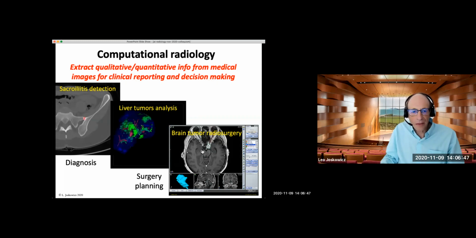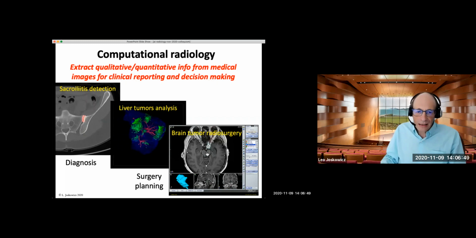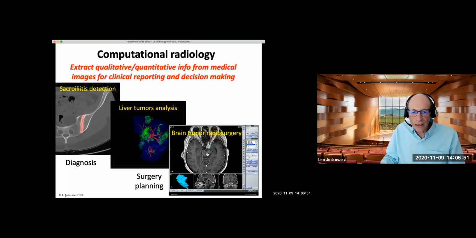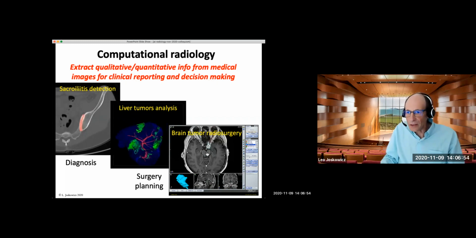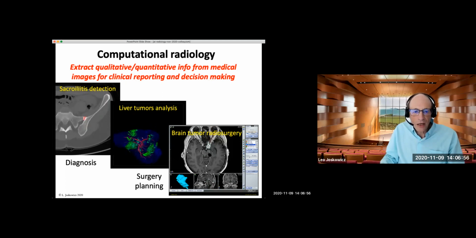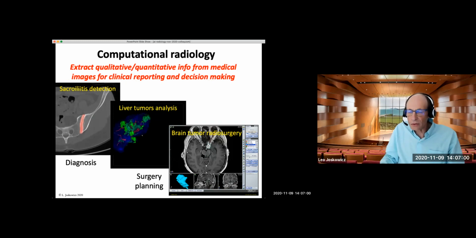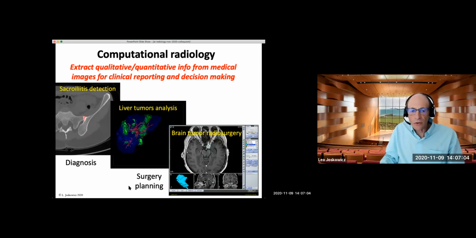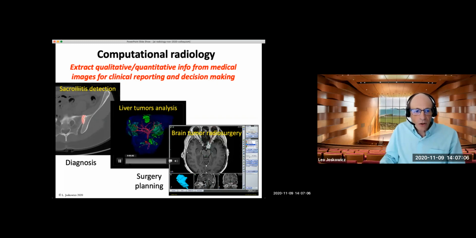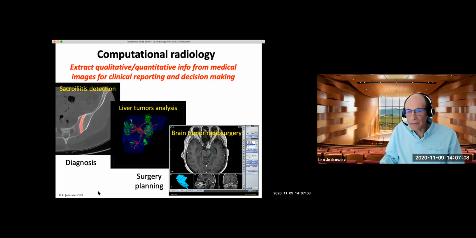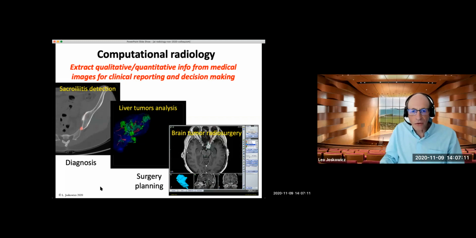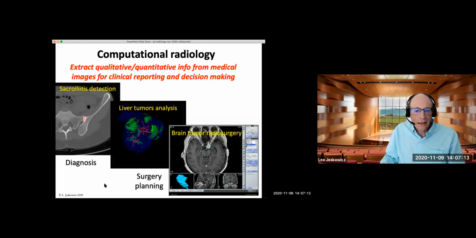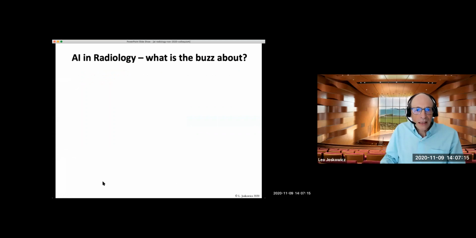What you see here in the middle in green is a delineation of the tumor that is going to be irradiated with radiosurgery, and the purpose of the planning here is to determine what is the contour of this tumor and what kind of dose and what direction should the dose be applied. So as you see, the medical images have a variety of uses throughout the clinical work cycle.